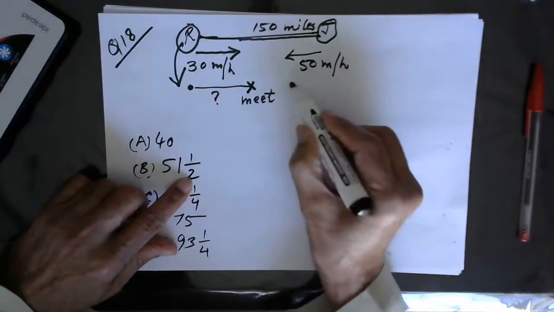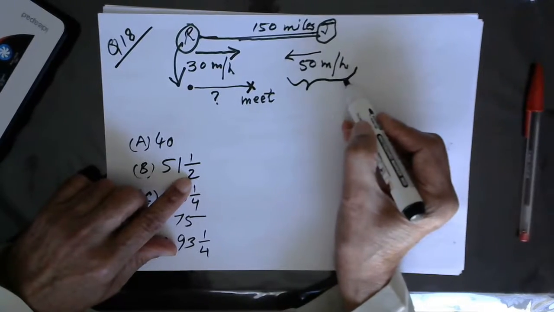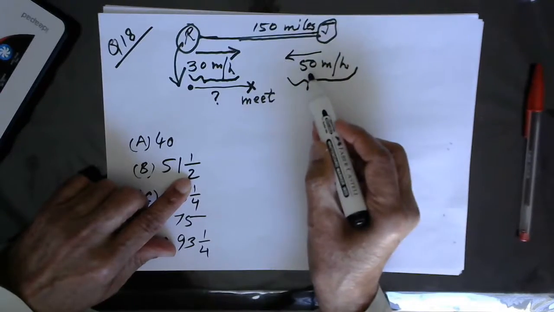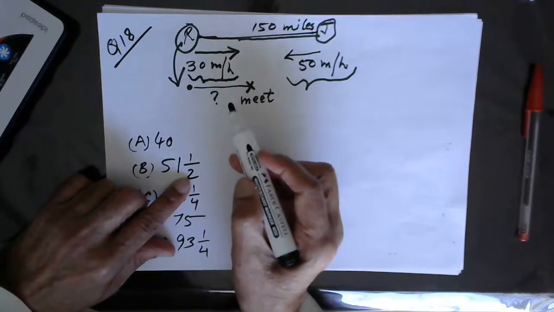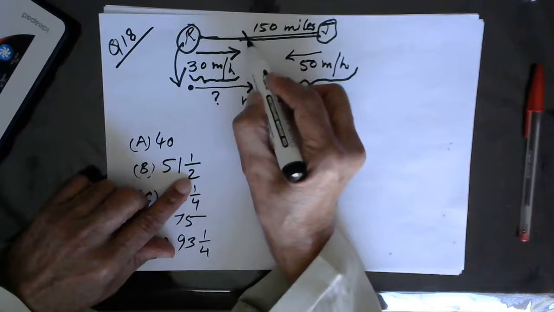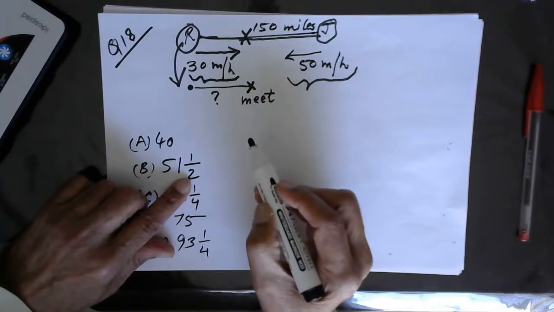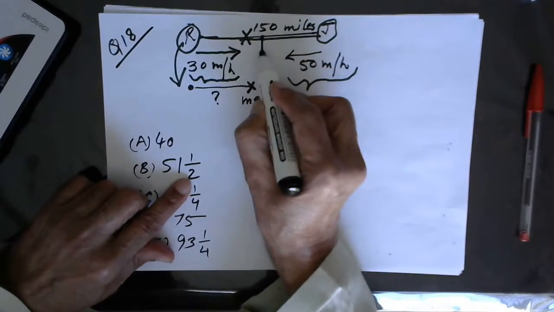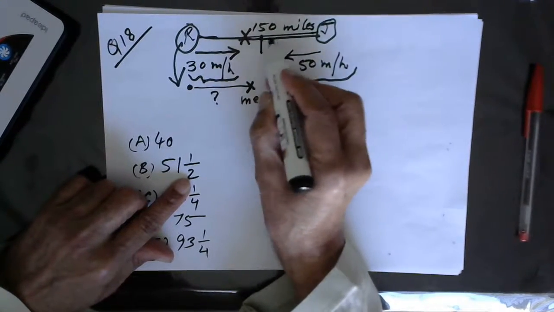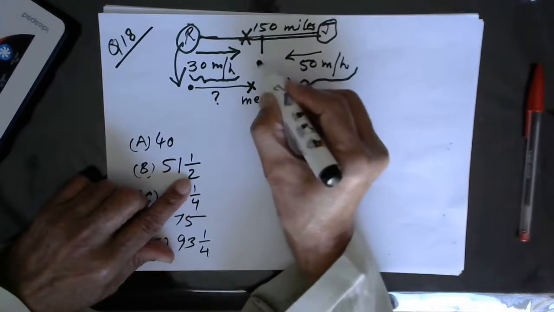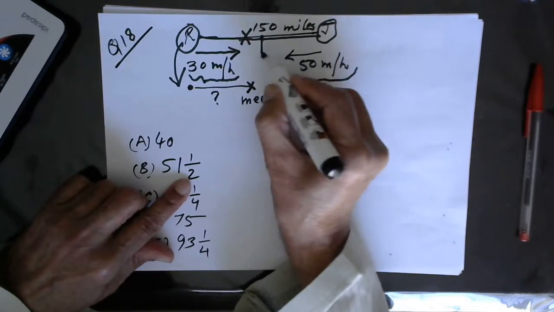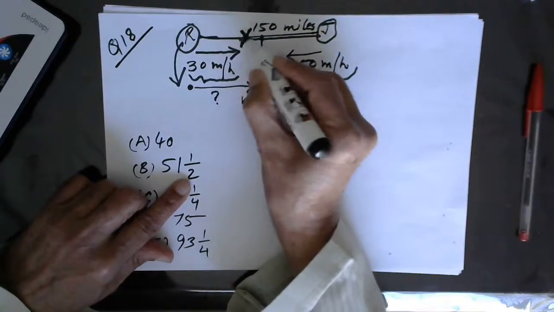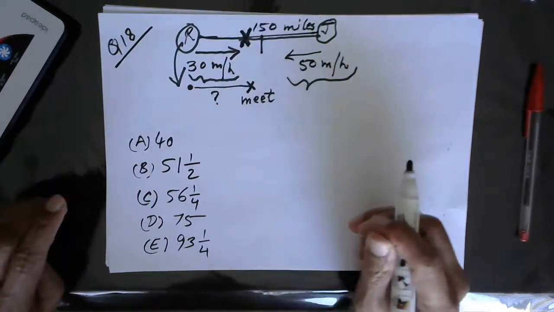Now, because this speed is 50 miles per hour and this speed is 30 miles per hour, 50 is bigger than 30, so definitely they will meet closer to Ray's house, to the left of the 75 mile mark. That is, if I say this distance is 75 and this distance is 75, definitely they will meet here. Okay, this is just by the way.